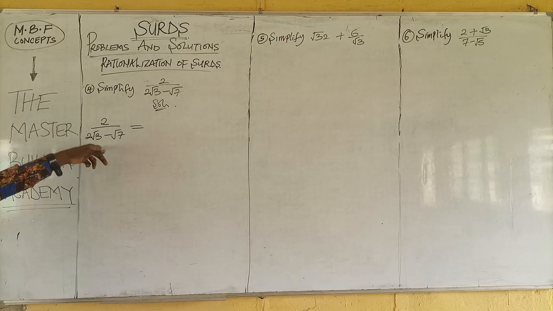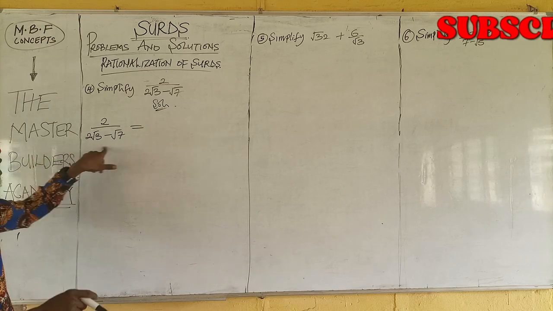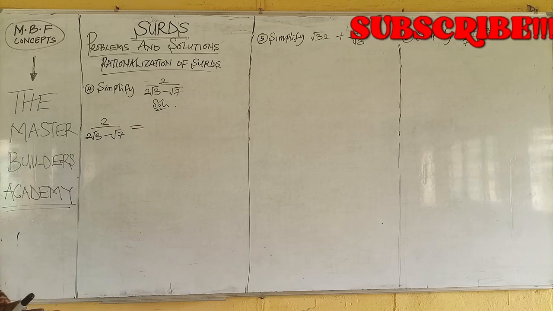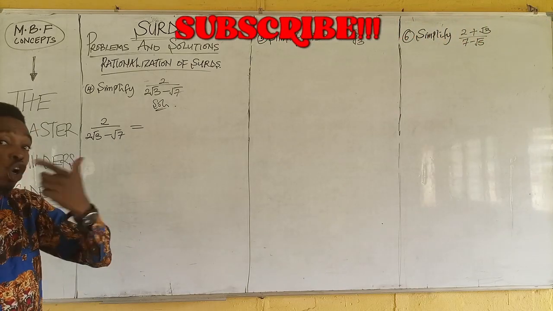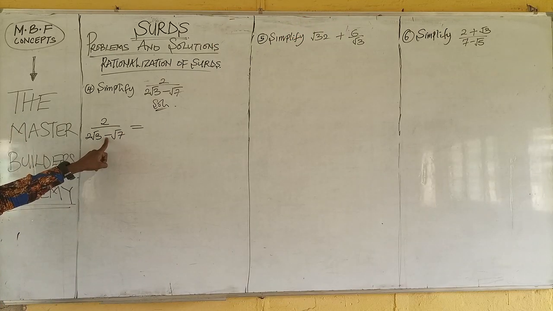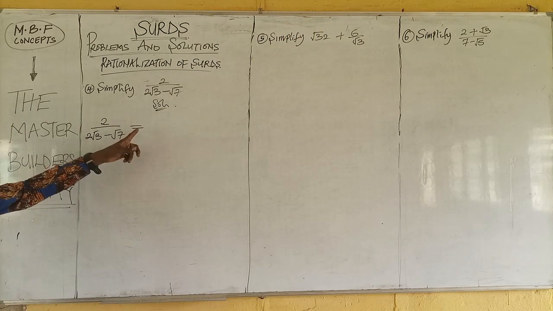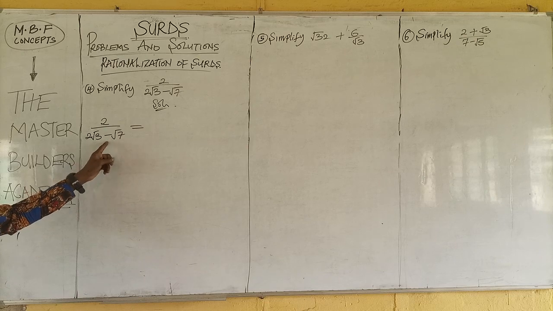And to rationalize, we check whether we have plus or minus at the denominator. Now we have minus in between, right? So what we do is to quickly find the conjugate of the denominator. The conjugate of 2 root 3 minus root 7 is 2 root 3 plus root 7. So change minus to plus to have its conjugate.